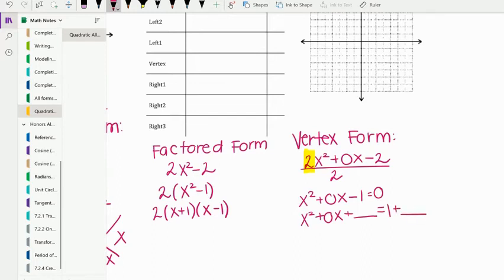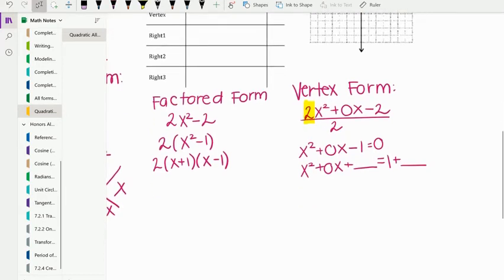Okay, and again, this is completing the square to put into vertex form. So to get that blank, you take your middle term, which is 0, you divide by 2, and you square it. So 0 divided by 2 is 0, and 0 squared is 0. Okay, so because you put 0 there, you have to put 0 there.